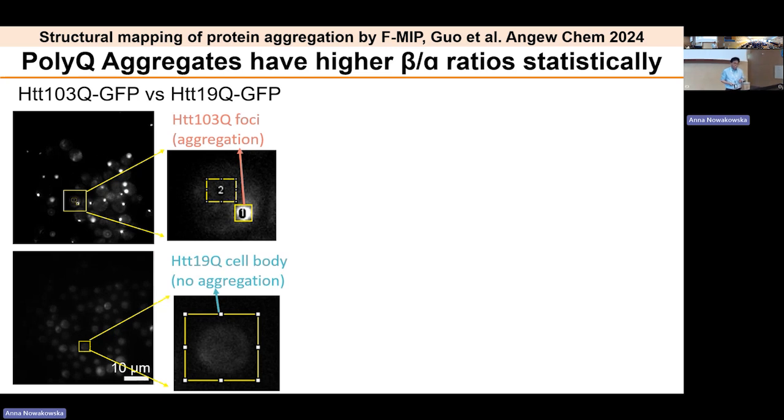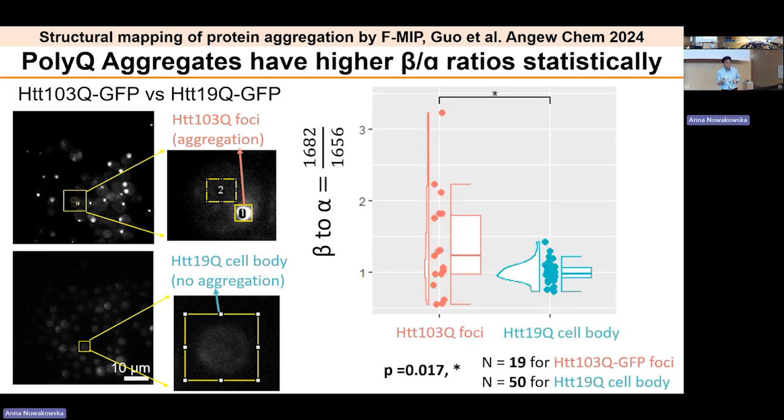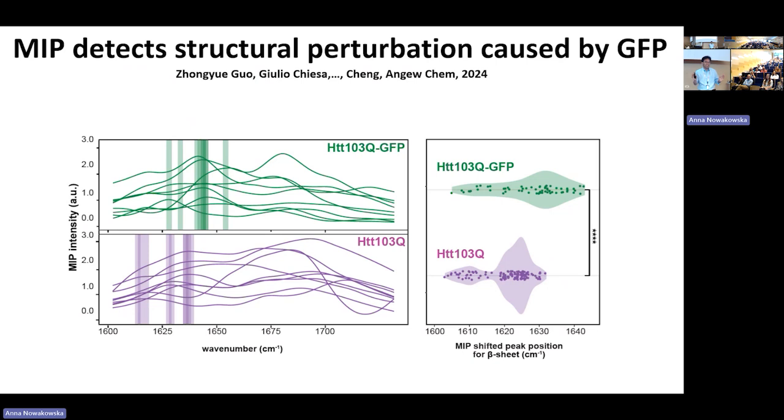So now, if we use this GFP as a guide, then we do the photothermal modulation of the GFP fluorescence. We can tell the amount of beta sheet versus alpha helix in the Huntington disease cell versus the normal cell, with much less alpha helix. But more importantly, we can do this without GFP.